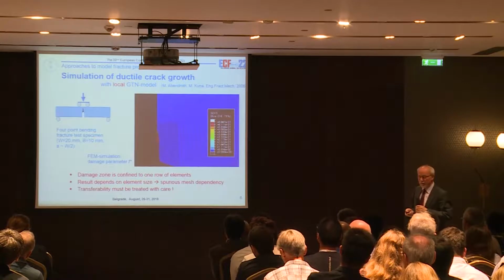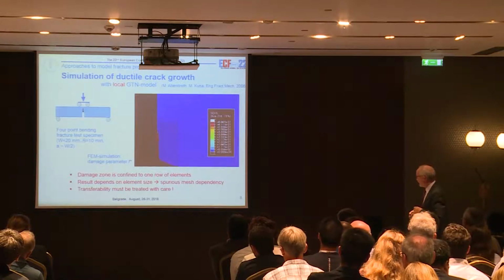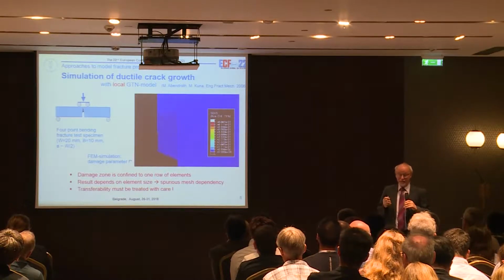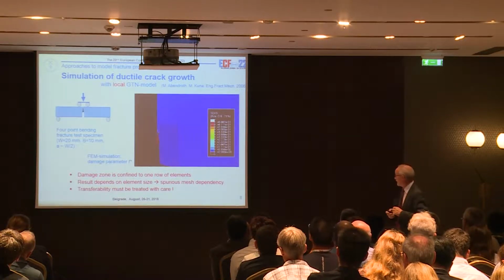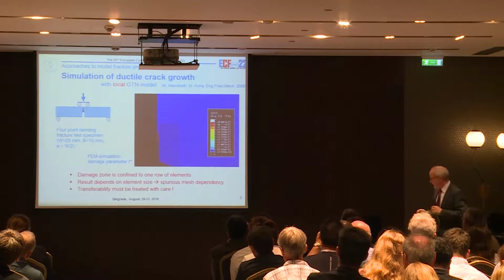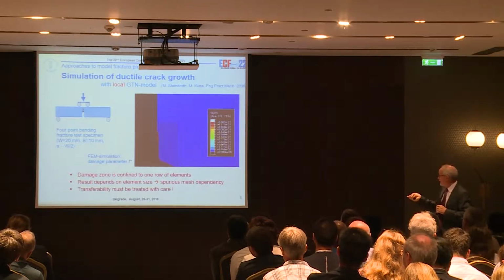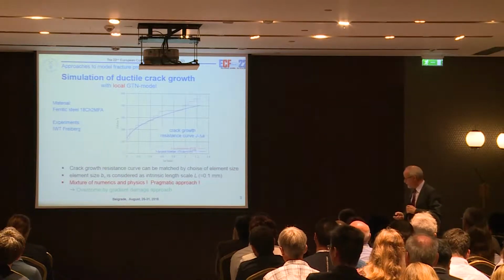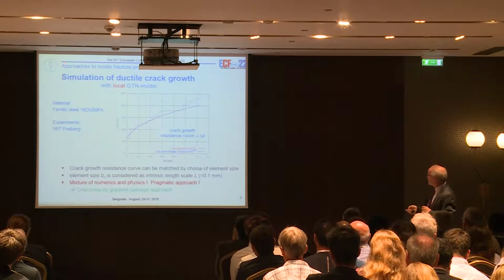And this finally makes the element size a material parameter. So the result depends on the mesh size, which must be chosen for a real material. So we must be very careful if we transfer the simulations from the specimen to the structure. We have to take the same element length.